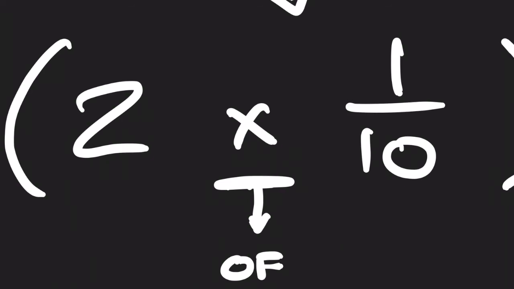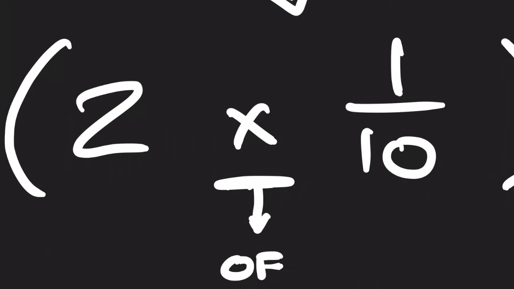What if I had 2 of 3s? That would be 6, right? For example, if you had $3 and I had $3, we have 2 groups of 3, which would mean total we have $6. That multiplication sign also means of, and it really helps you understand the multiplication better.